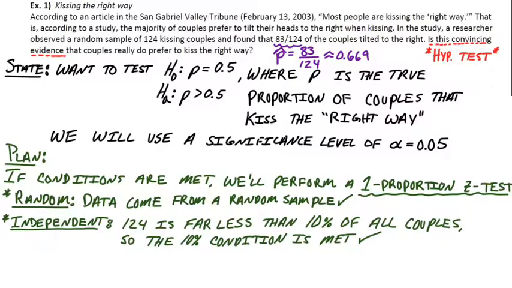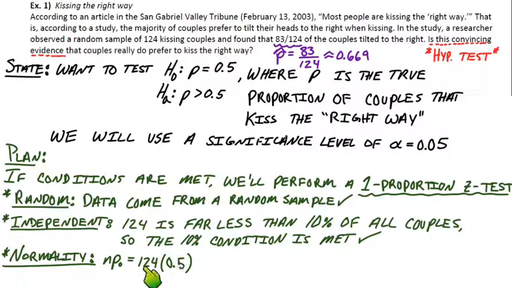All right, and then last of the conditions, we've got normality, which usually we say np greater than 10, n(1 minus p) greater than 10. It's the same thing here, except don't forget we're going to use this p naught, which just means the p that you used in the null hypothesis. So here that would just be 0.5 for this p. So np would be 124 times 0.5, which is 62.